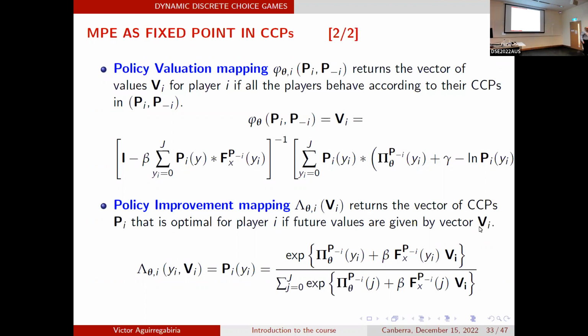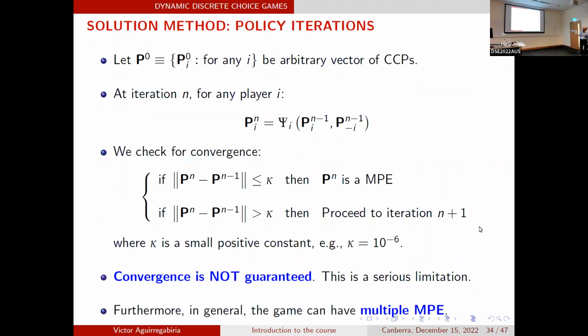But it is very similar to the policy iteration mapping that we had for the single agent. We have embedded the choice probabilities of the other players, both in the expected payoffs and in the transition probabilities of the state variables.